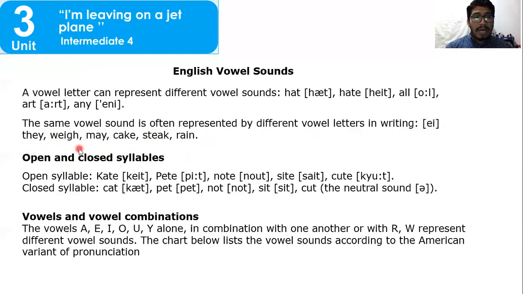They, way, may, cake, okay, steak, okay, and we have rain. Here words could be pronounced like steak, okay? It's not like a steak, but you have to do steak and rain.